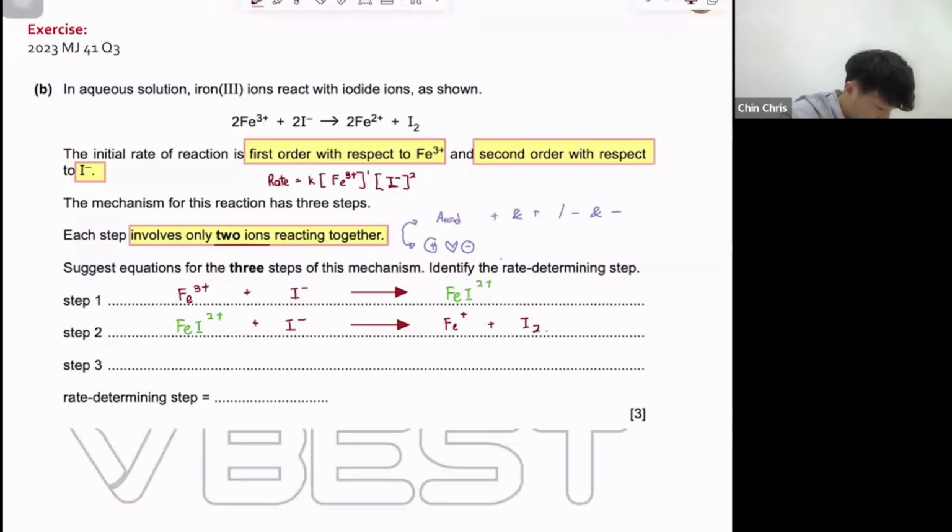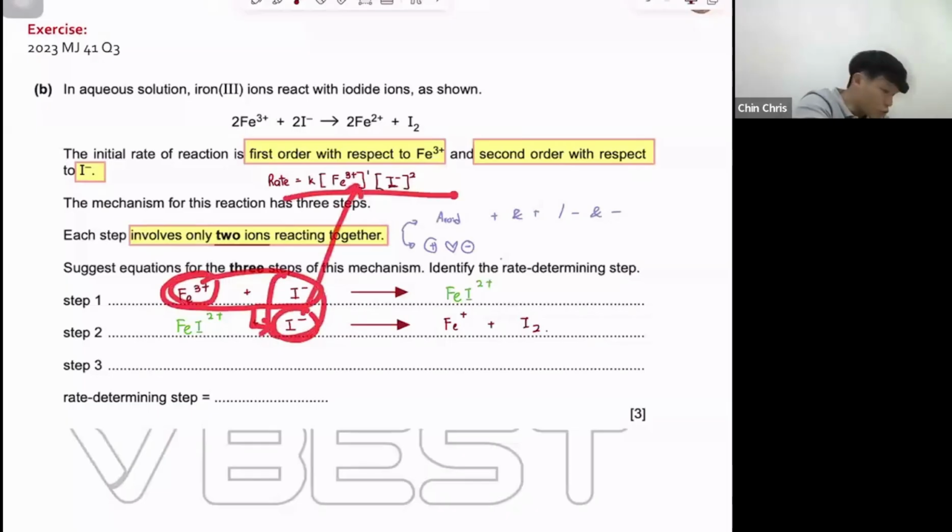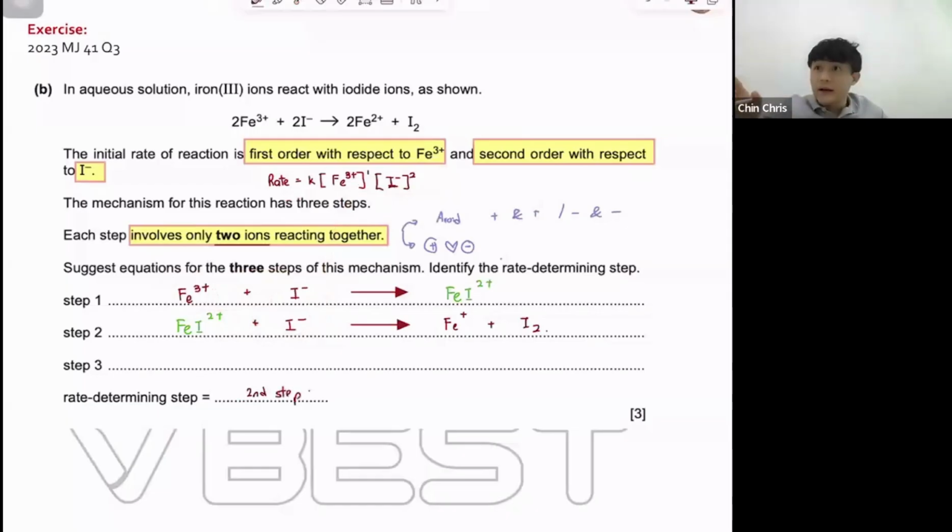To balance it, it should be Fe+ and I2. If you do it this way, let's check. This entire thing, FeI2+, is basically representing Fe3+ and I minus. So you have Fe3+ and 2 I minus here. That matches your rate equation, so your rate determining step is the second step. Understand?